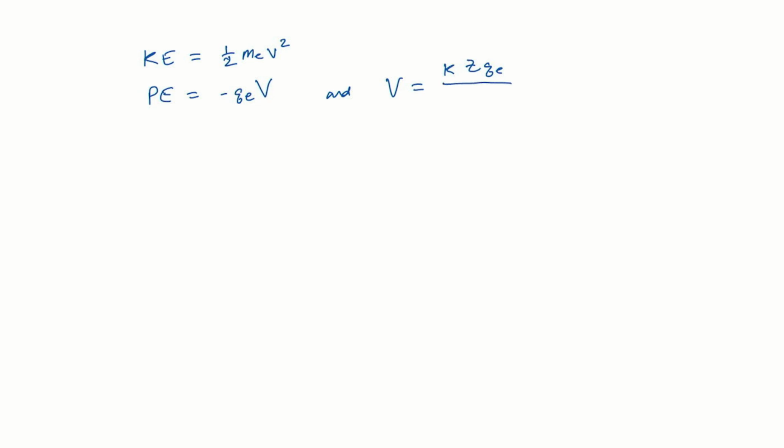Then we divide by how far away from the nucleus we are, that's going to be R sub N. So the PE, or electric potential energy, is minus K, Z, Q sub E times Q sub E, so Q sub E squared, divided by R sub N. The energy E sub N is going to be the KE plus the PE.